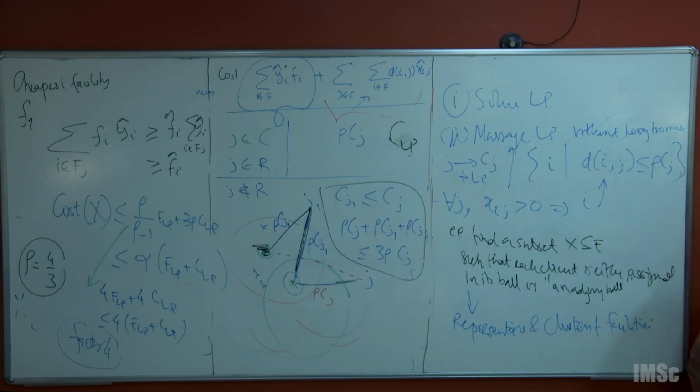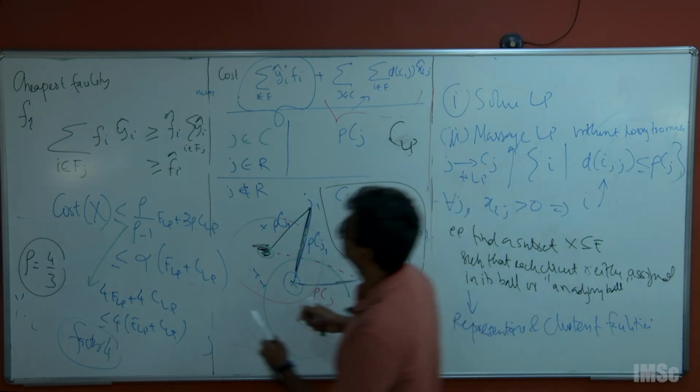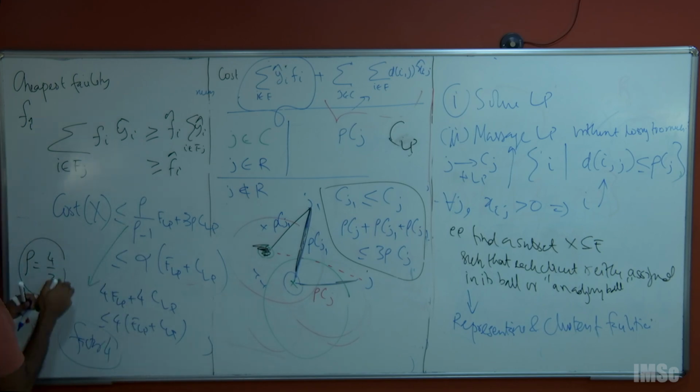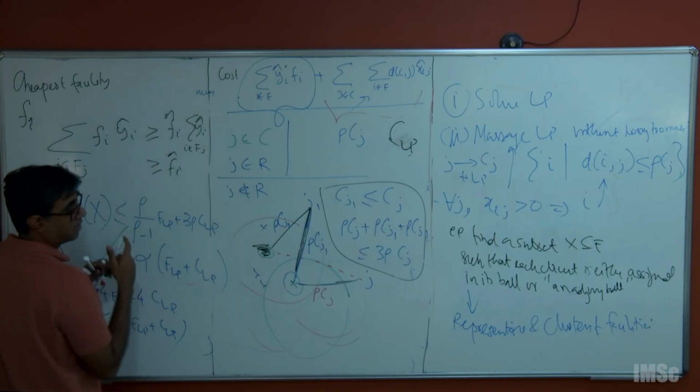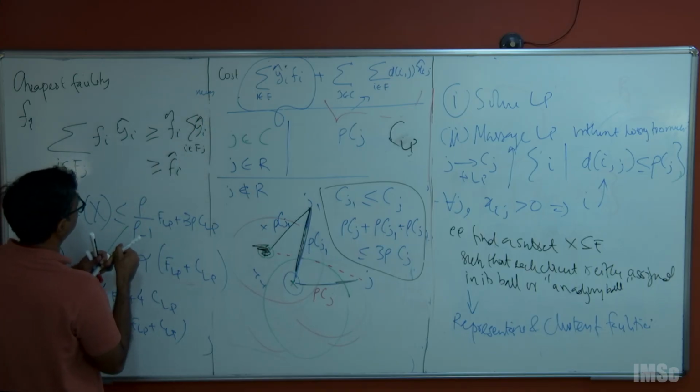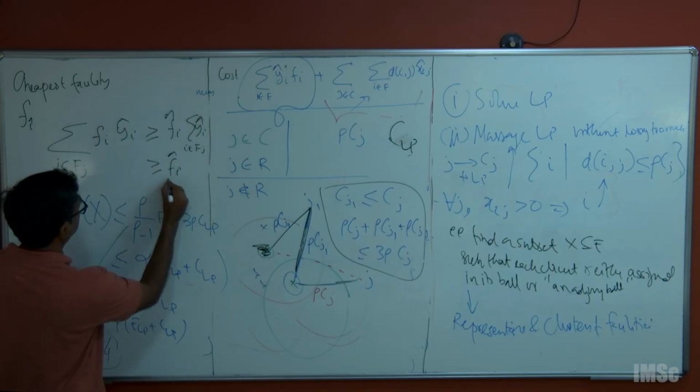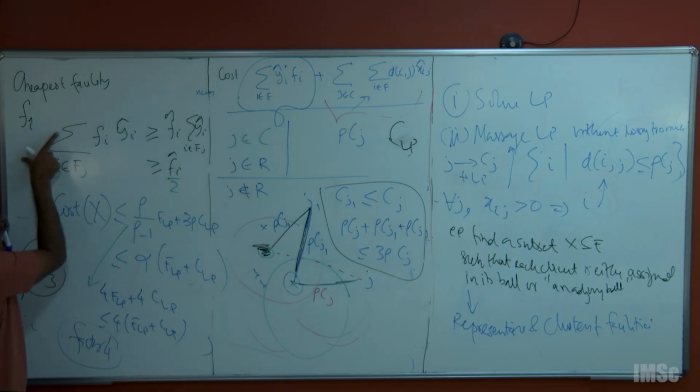Then I can only say that everybody here is not paying once. I need 2 times the cost to pay for the facility I open. Look at this: if this is at least 1, it is perfectly fine. But if this would have been at least half, then I paid 2 times this.